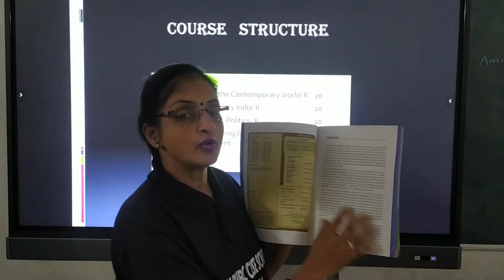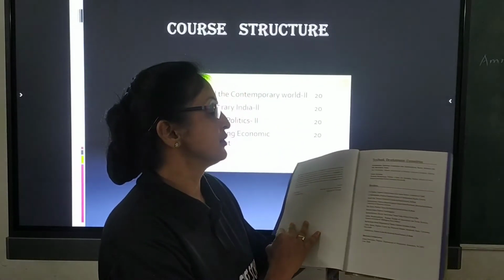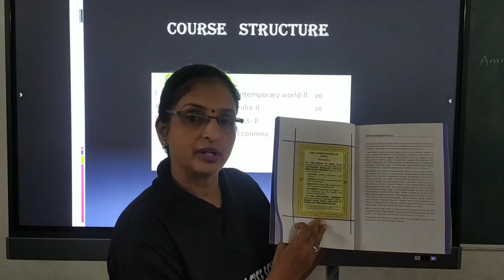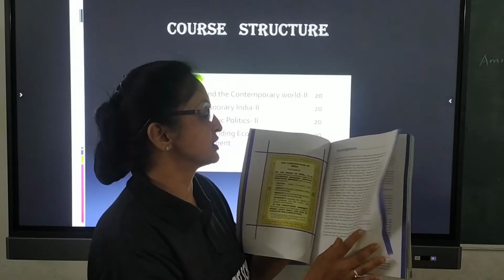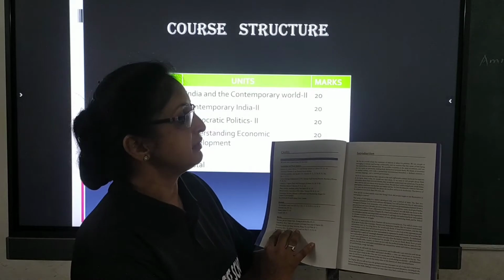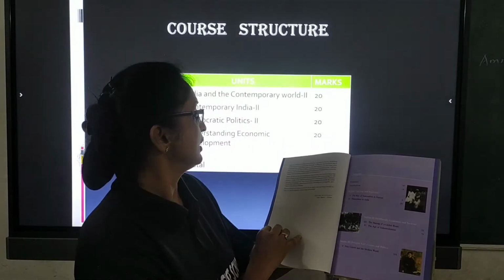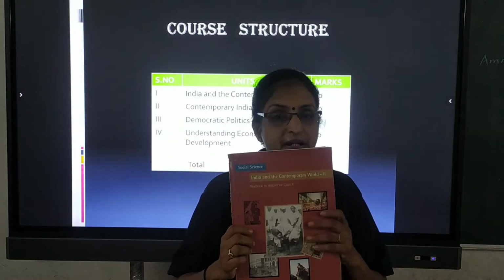The foreword is given for each and every reader, so go through it. Then we have the Constitution of India, which is mentioned in all the 4 books. Then the acknowledgement, then the introduction to history, and then comes the content. So this is your history textbook.